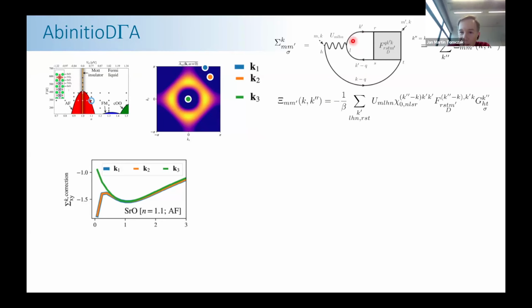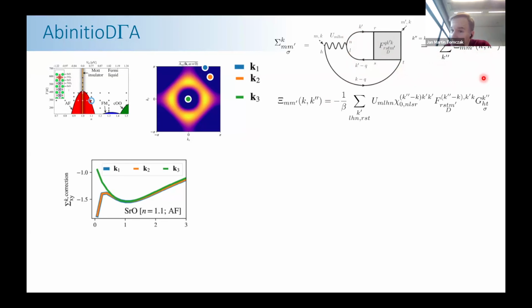So we can write this equation as a sum over, basically just a relabeling of momenta, and we can rewrite the self-energy as a quantity that depends on the outside momentum k, averaged over the Brillouin zone over a momentum k double prime.